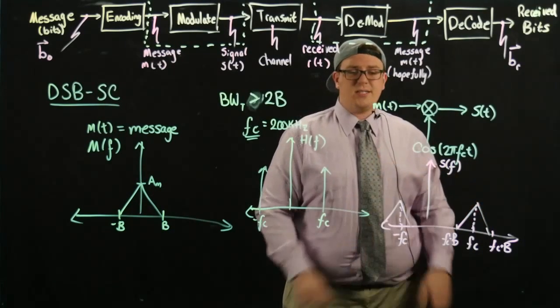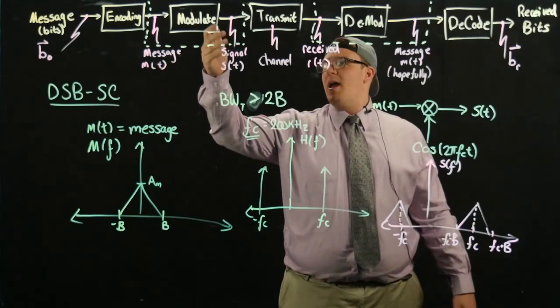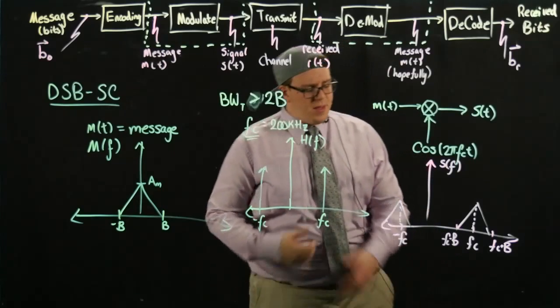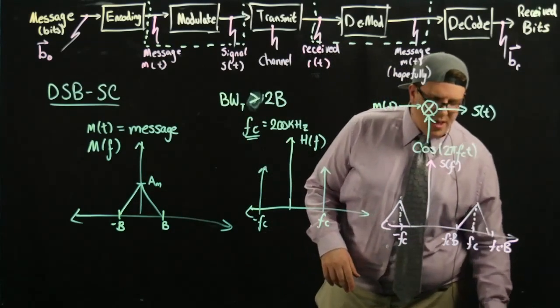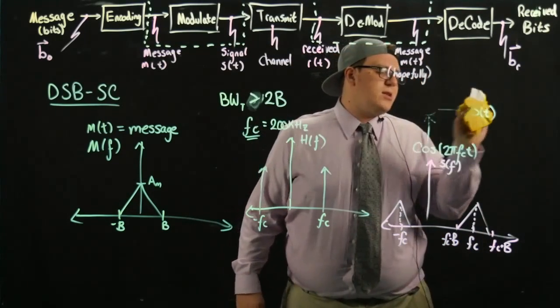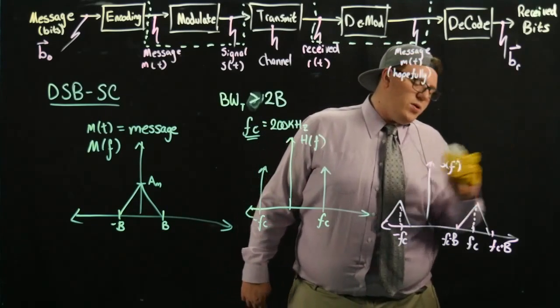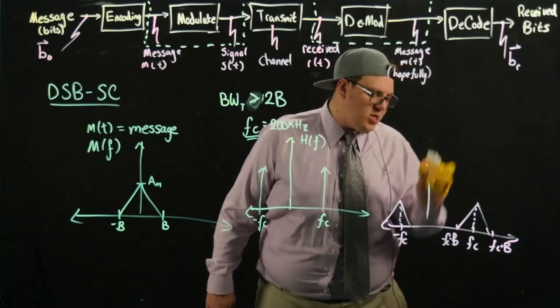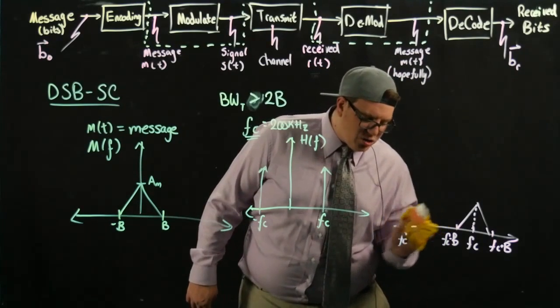So we would take our signal S(f) or s(t), however you want to call it, and transmit it through the channel. Right now we're going to assume that our channel does not do very much to our signal, that it's a one-to-one relationship, that whatever we put into the channel, we get out. That is not true.